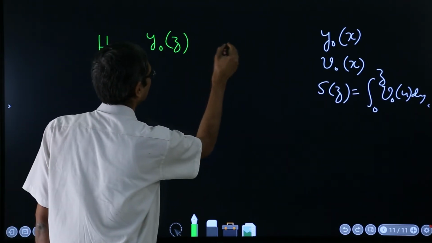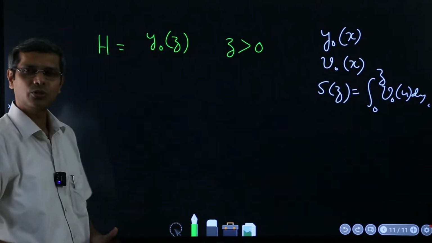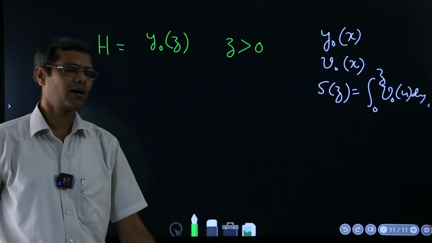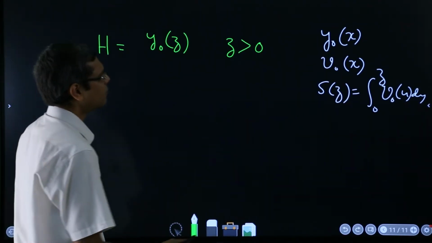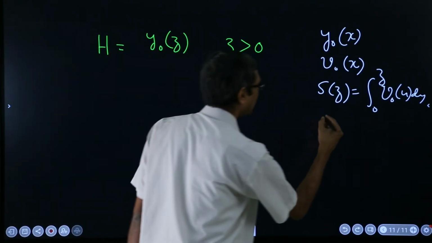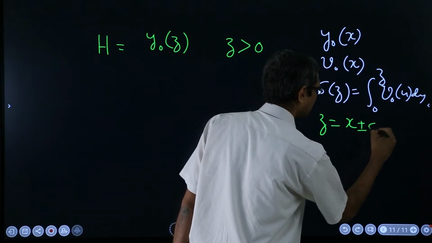So just define it like this for z greater than 0, because now you can't define an initial condition for x less than 0, that means for z less than 0 you can't do it. z is nothing but x plus or minus ct, right?